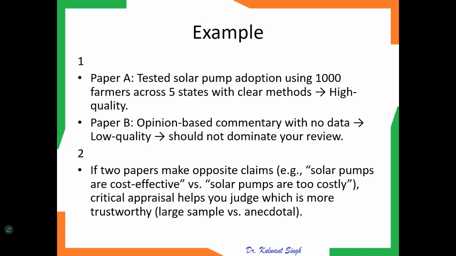And sometimes with similar approaches, an opinion-based paper claims the thing is either cost effective or costly, and we will avoid that paper that is totally based on opinion or has fewer samples. So we will judge both on a few parameters and select only one. That is the main thing.